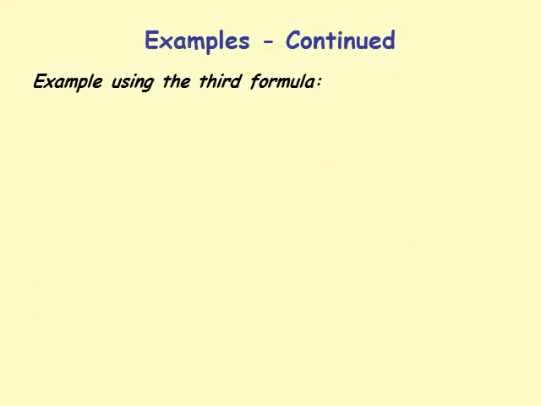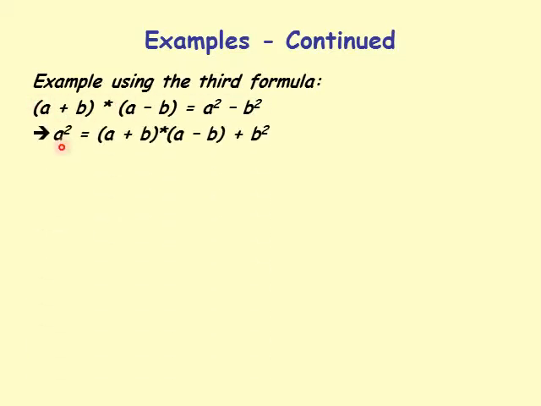So examples continue. Let's do some more examples here. Now we're going to use the third formula, which we have not used so far. We will rewrite this formula: a squared is (a plus b) times (a minus b) plus b squared.